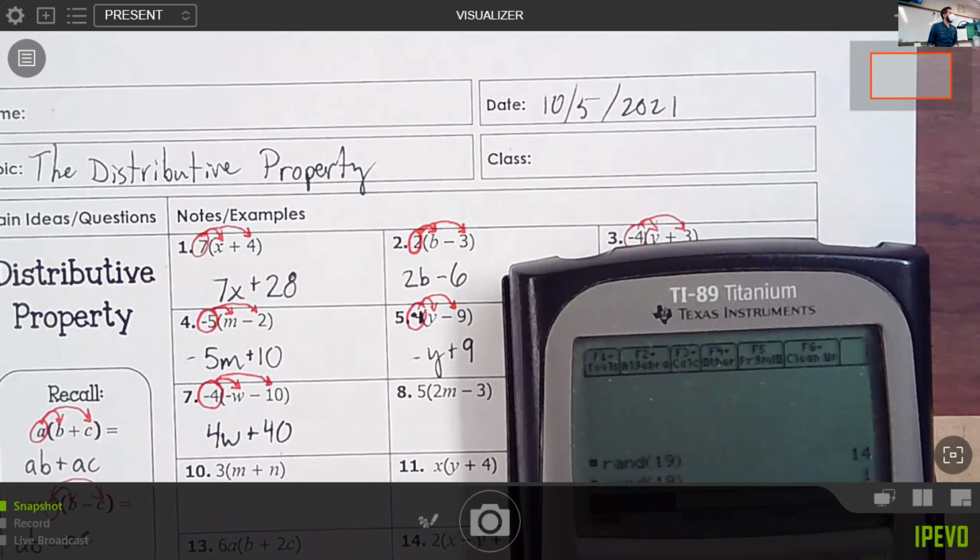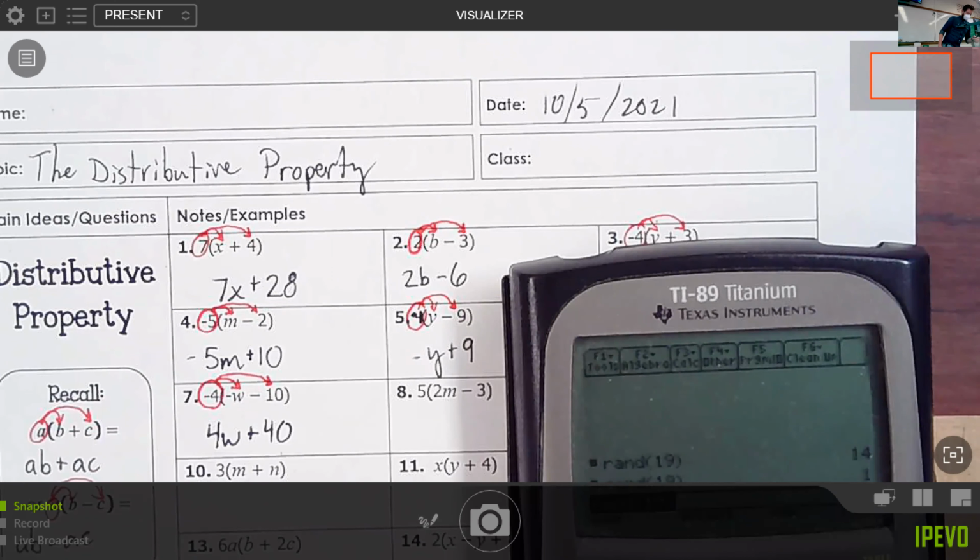Minus 24. I like the 10 now. I like minus 15.